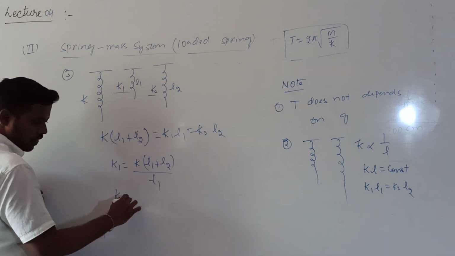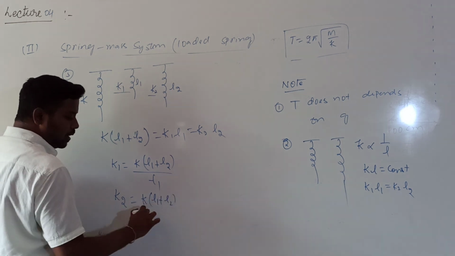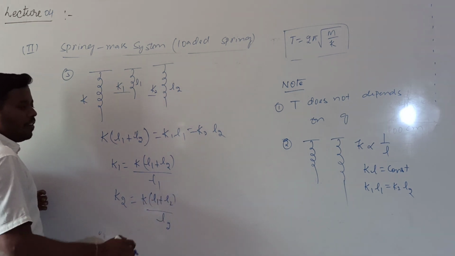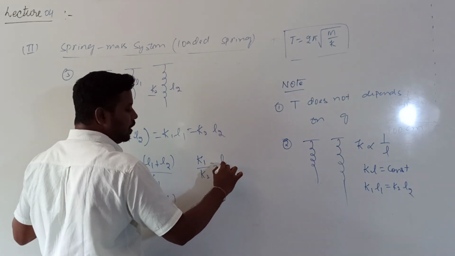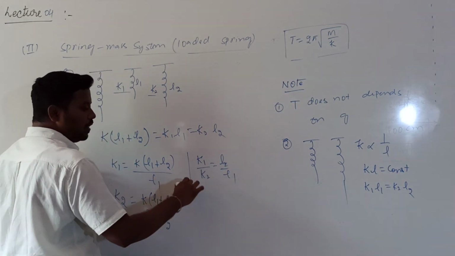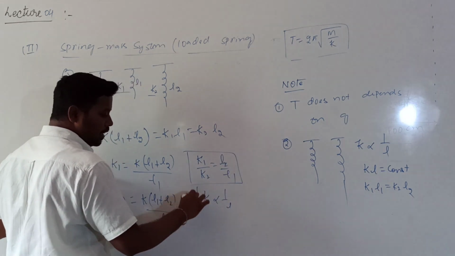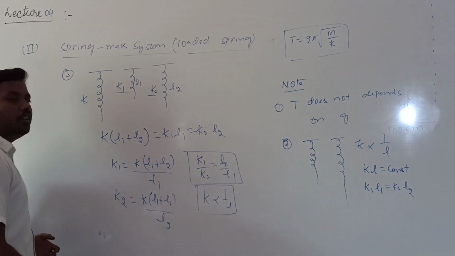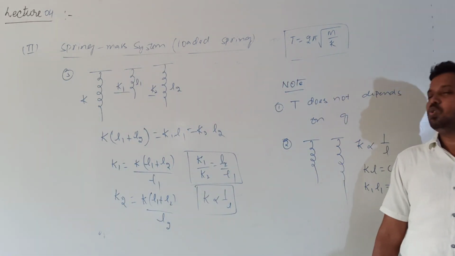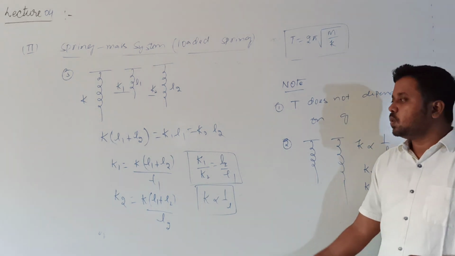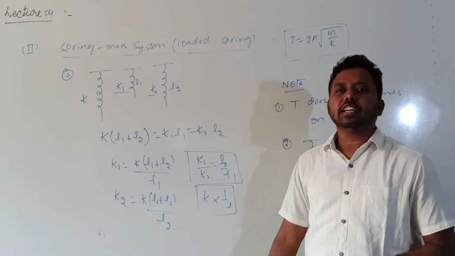Similarly, k2 is given by k into (L1 plus L2) divided by L2. If I divide k1 by k2, what do I get? k1 divided by k2 is equal to L2 divided by L1. What does it mean? k is inversely proportional to L. So whenever a spring of spring constant k is cut into two parts, the spring constant of each part is given by these k1 and k2 values.